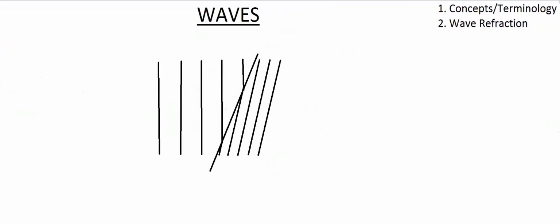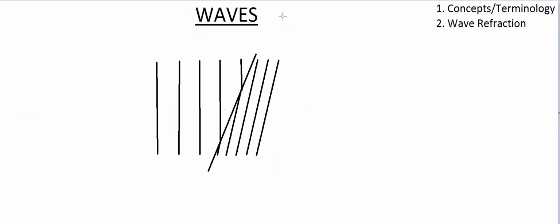The waves still obey the law V equals f lambda. But like I explained just now, when they cross the boundary, the frequency doesn't change. Only v and lambda change.